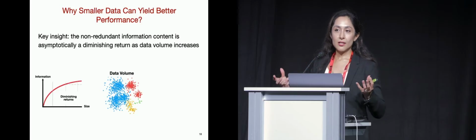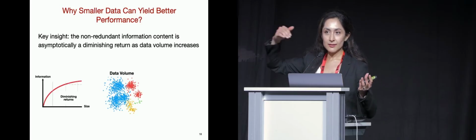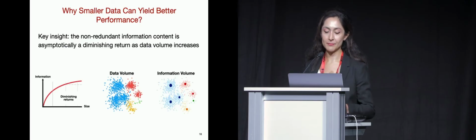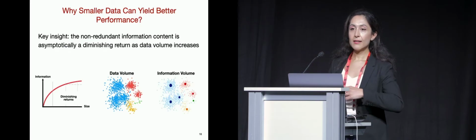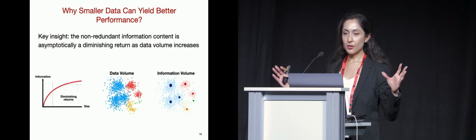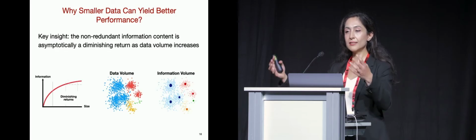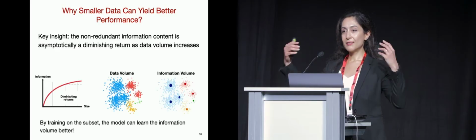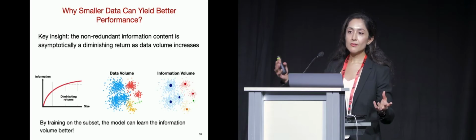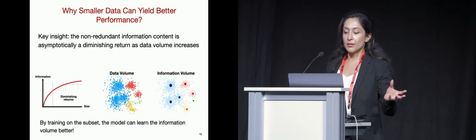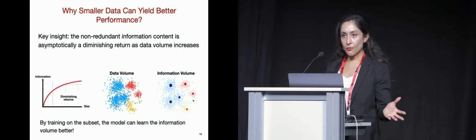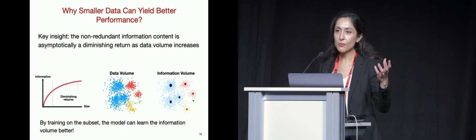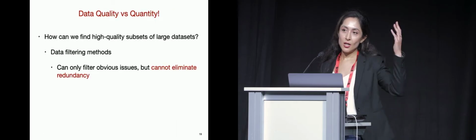Because of all the redundancy in these huge data sets, the amount of information increases in a concave way. If we can eliminate these redundancies and find the smallest, most informative subset that carries all the information, which let's call the information volume, then by training the model on this smaller, most informative subset, the model can learn the information much better, right? This is the high-level idea.